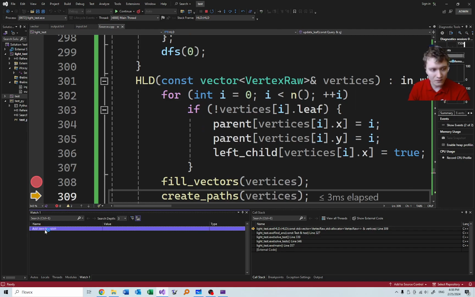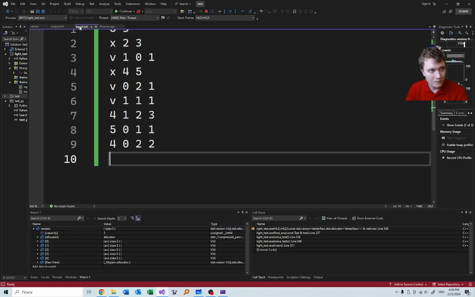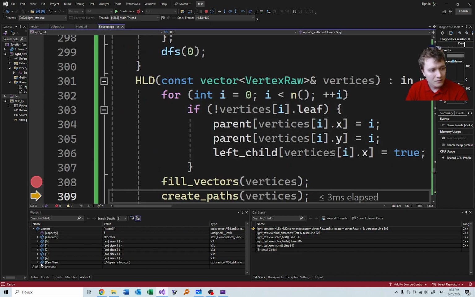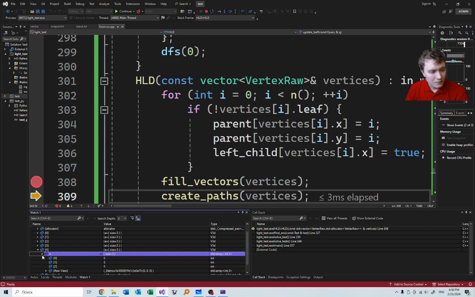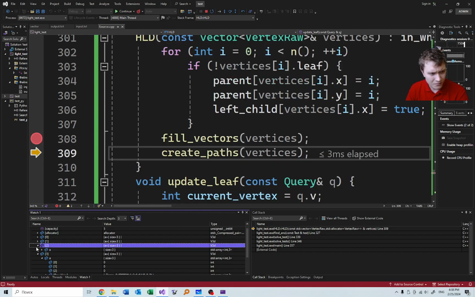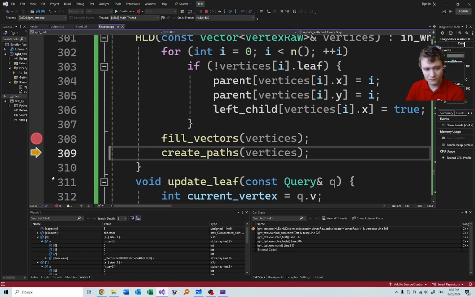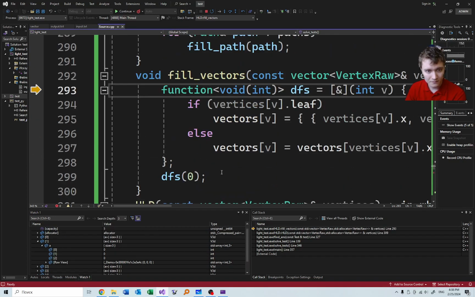Yeah, because we filled all vectors. Vectors of size 5. So leaves, I don't know what leaves are. Zero, zero, zero, zero, zero, zero. Did we fill vectors or not? Why is nothing filled? Let's look into it.